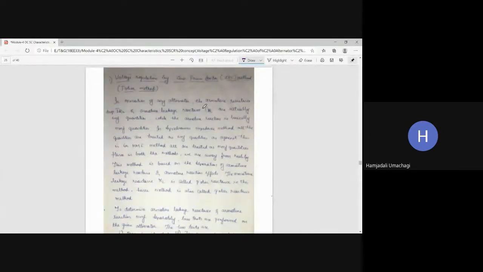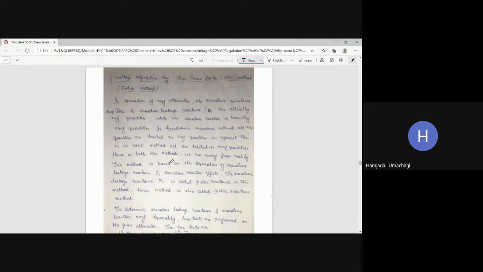Because IaRa and IaXL drops are EMF quantities, whereas Ia into Xar is an MMF quantity. Hence, in both the EMF and MMF methods, we are away from the reality.